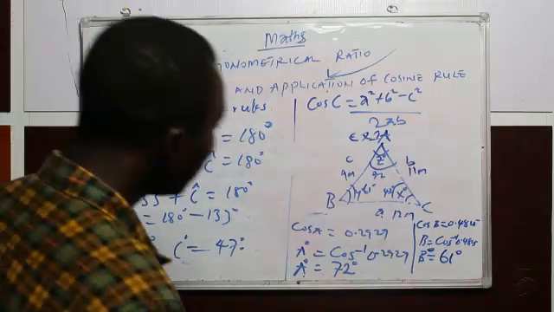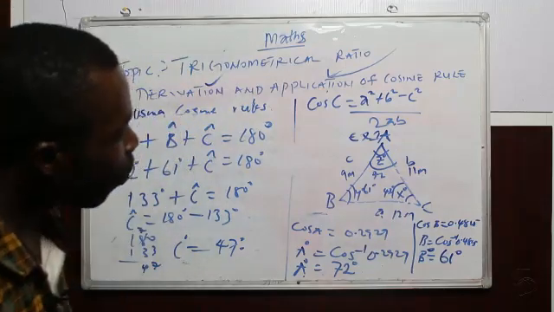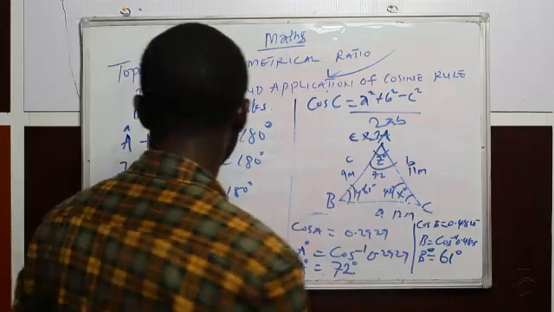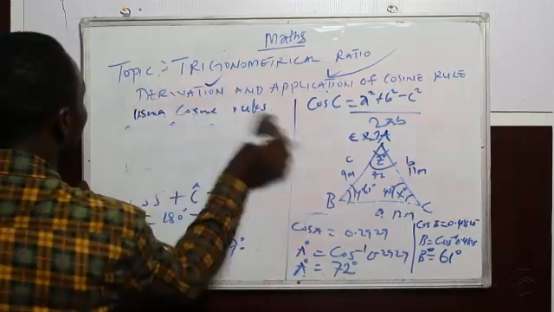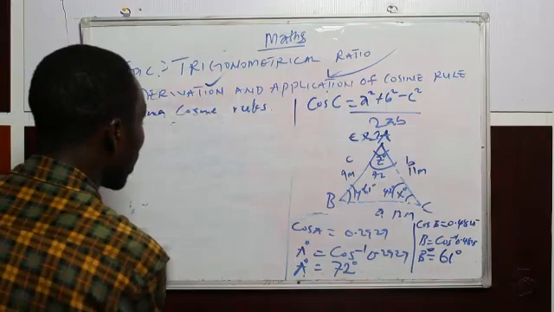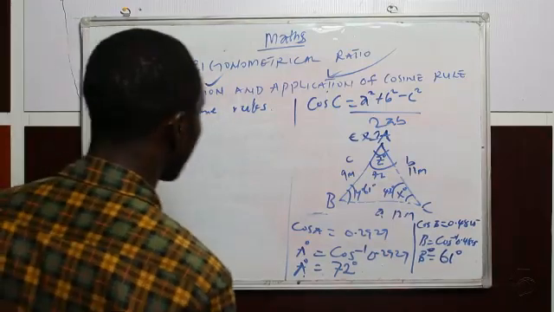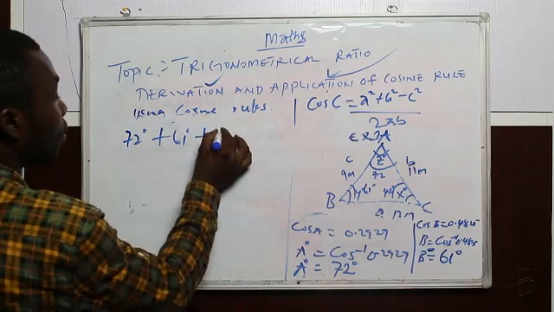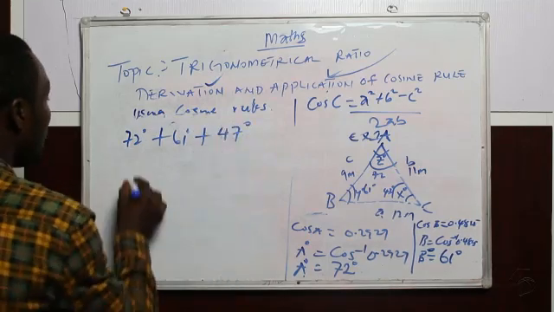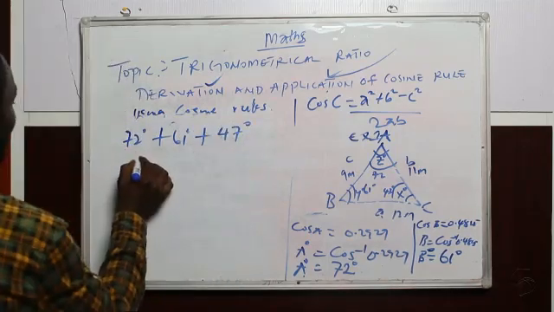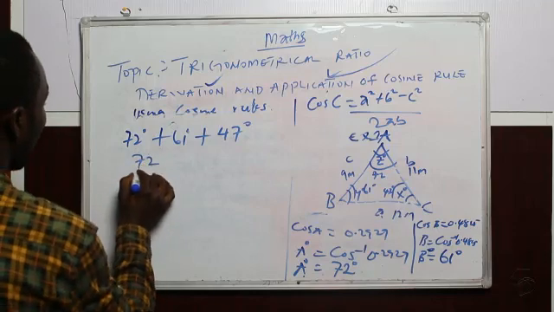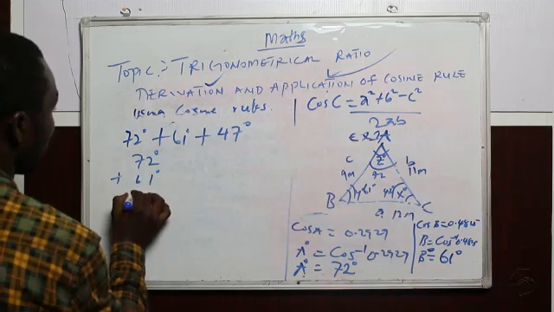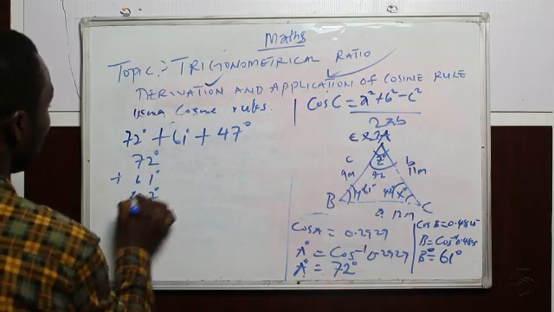Now, for us to prove whether the angles add up to 180 or not, I'd like us to check: if the angles do not add up to 180, then the answer is not right. 72 degrees plus 61 degrees plus 47 degrees.